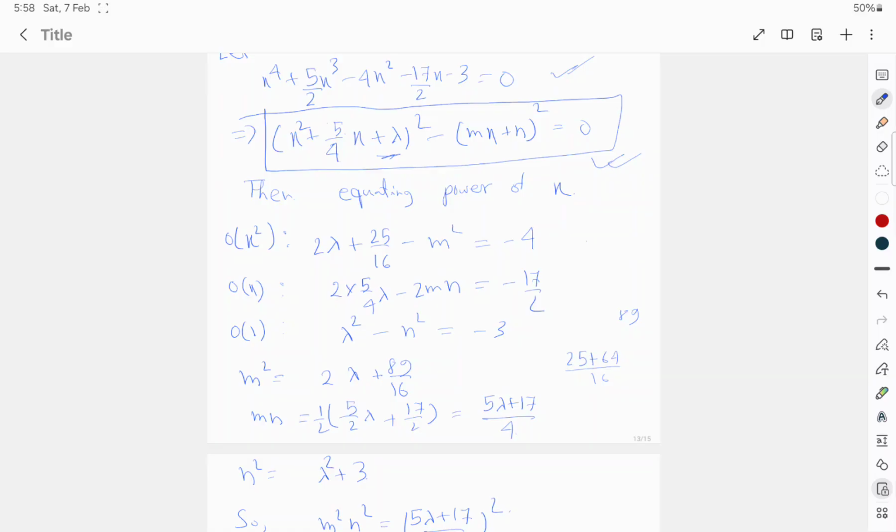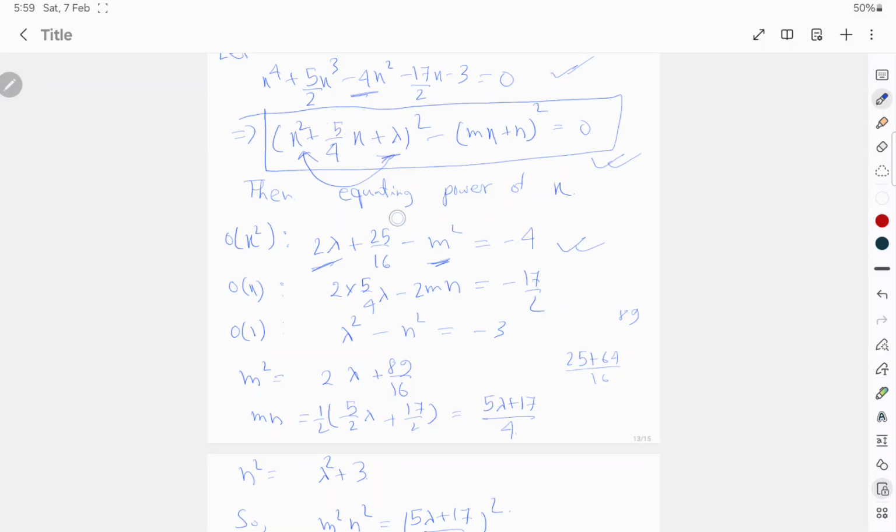So x square comes from the square of 5 by 4, that is 25 by 16, then 2 lambda from the 2ab term, and minus m square. In the problem the coefficient is minus 4, so I have written this.